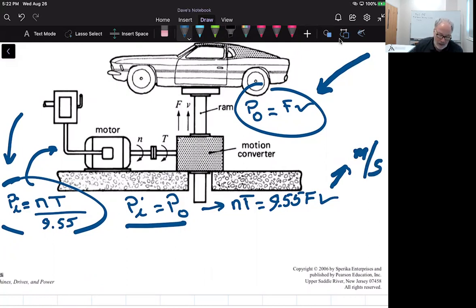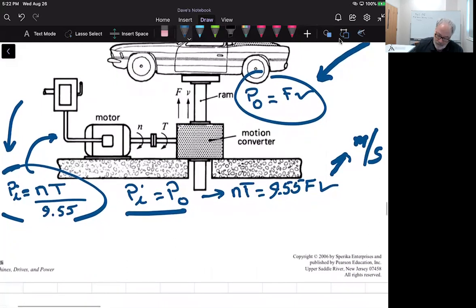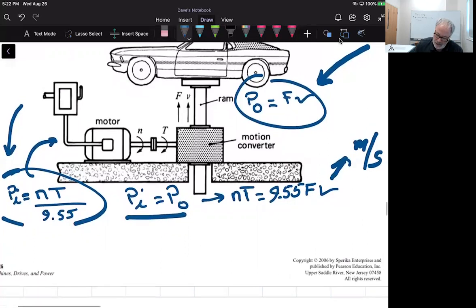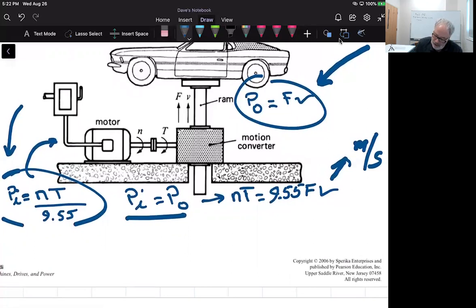All right. Then he gives us an example that we can work with here. He says a force of 25 kilonewtons is the force needed to pull an electric train.